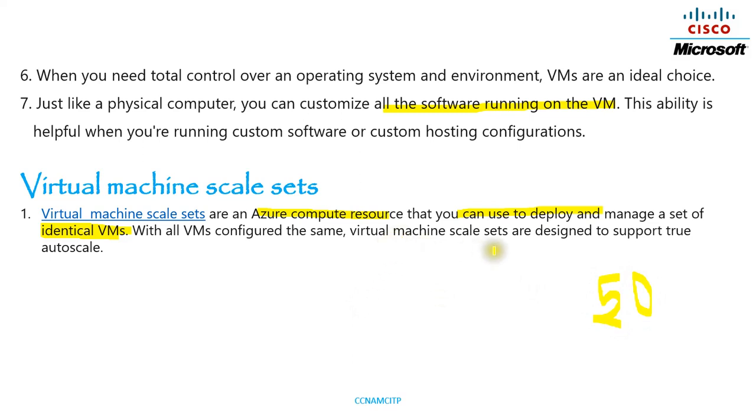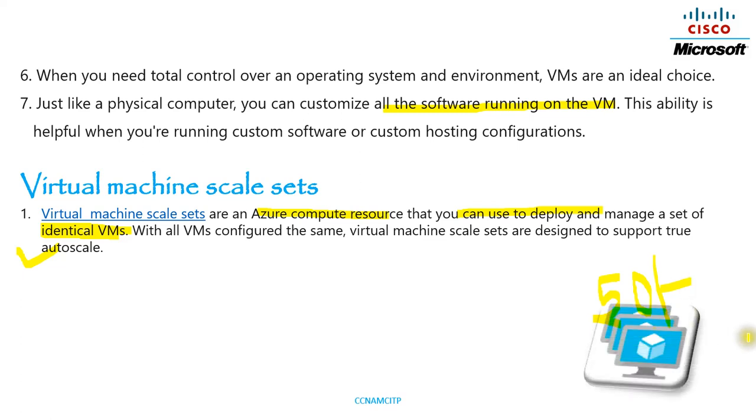Virtual machine scale sets are designed to support true autoscale. We can configure auto scaling, so automatically that many virtual machines, the number which you are putting there, will be created with the same configuration. You can see, for example, you have one VM here, you want three more, so you can deploy immediately.